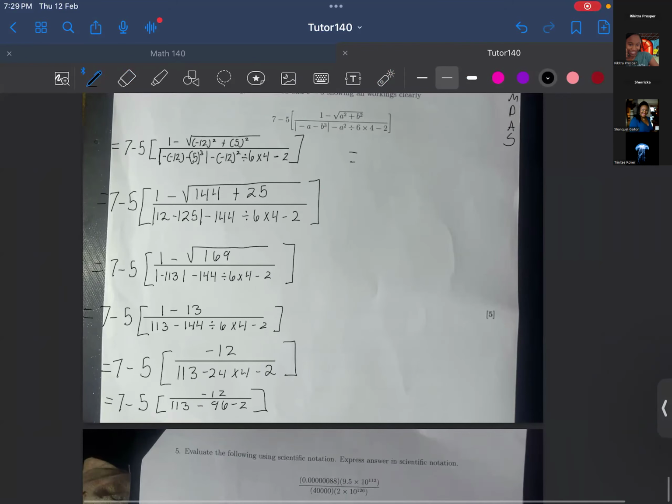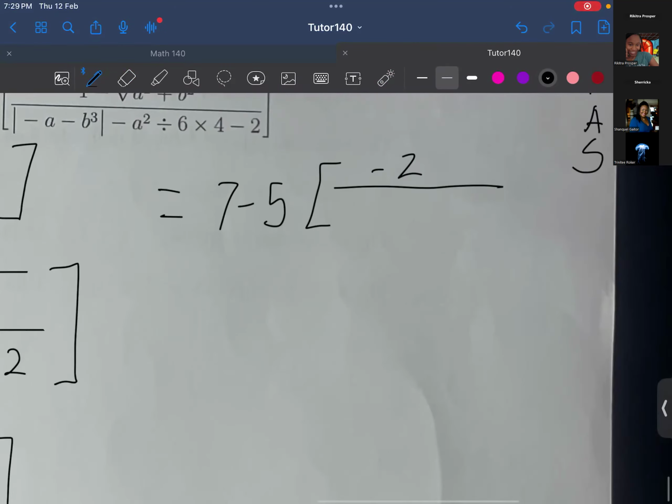Continue from up here. That's 7 minus 5. Open bracket, negative 12 over 113 minus 96 minus 2. Negative 2 over 15.